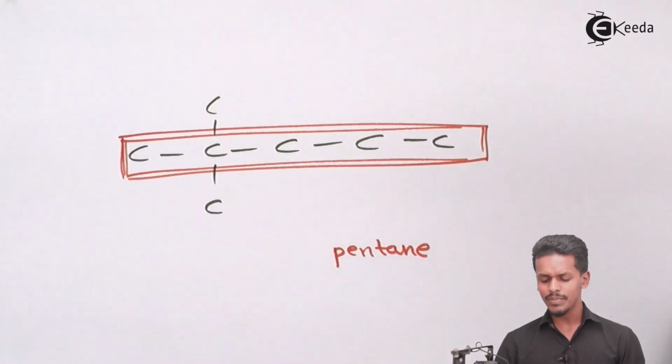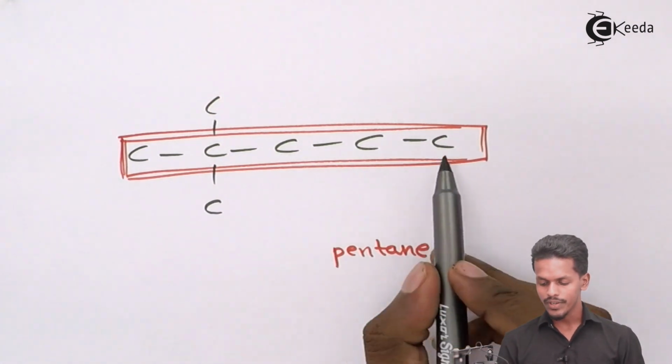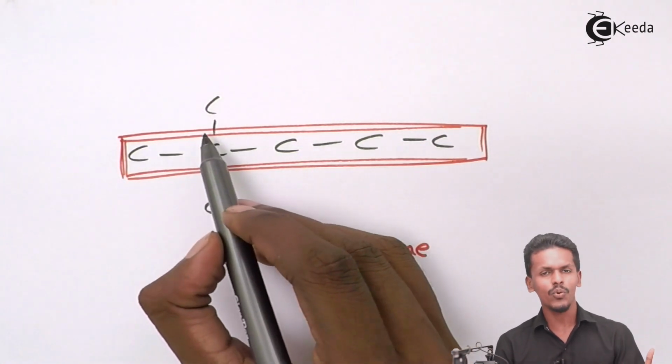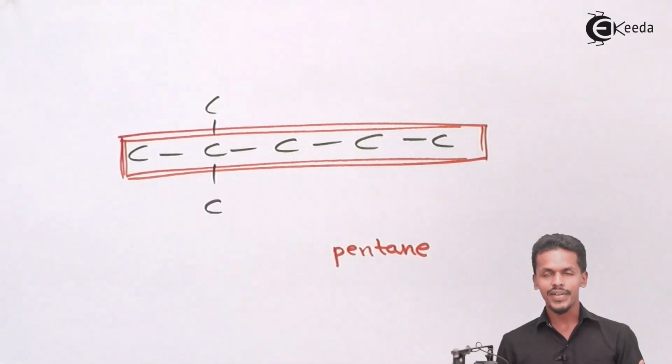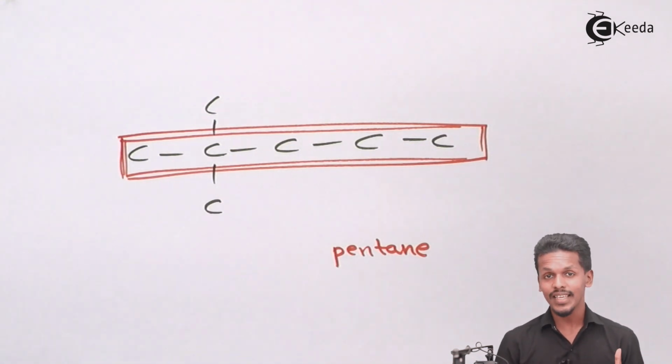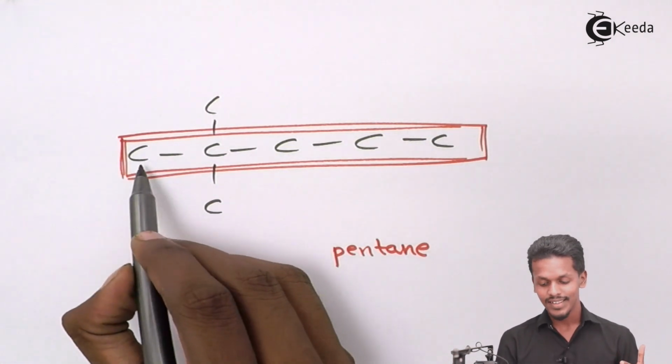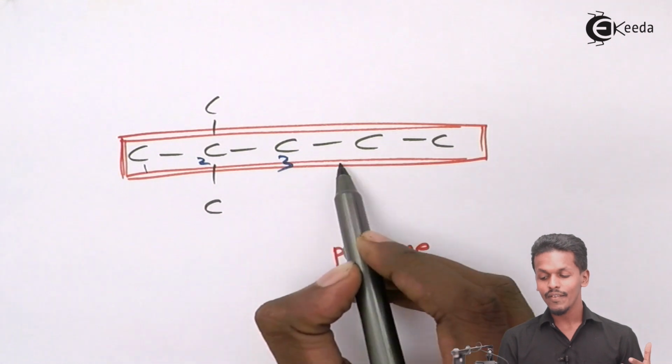Suppose I start the numbering from here, 1, 2, 3, 4, 5. In this position, I could see that at the fourth carbon atom the substituents are present. Even that is no problem. But to be more precise, if I do the numbering from the left side, this would be 1, this would be 2, 3, 4, 5.